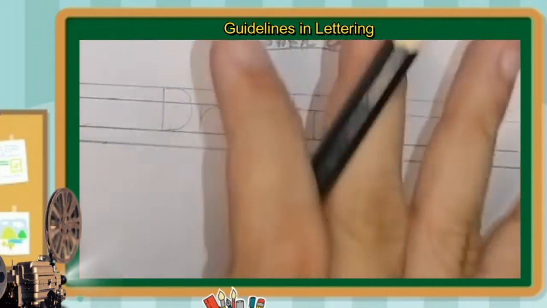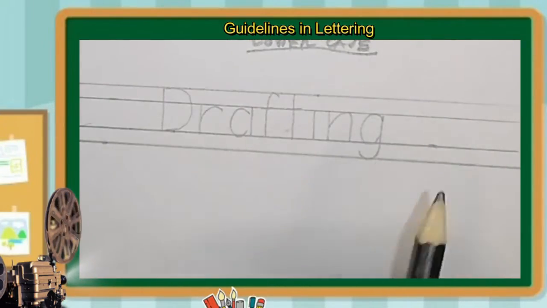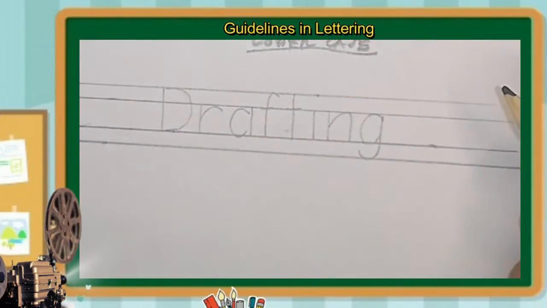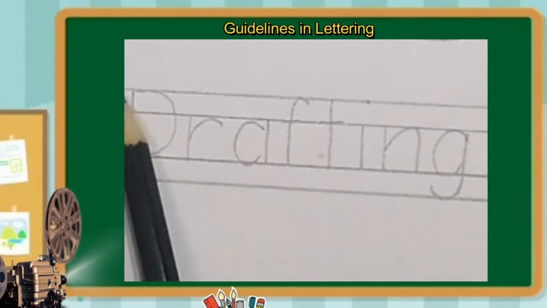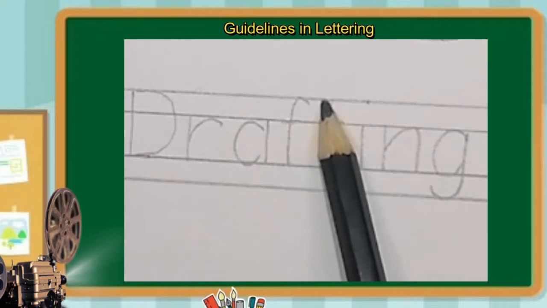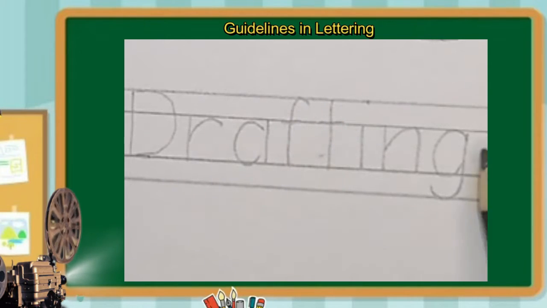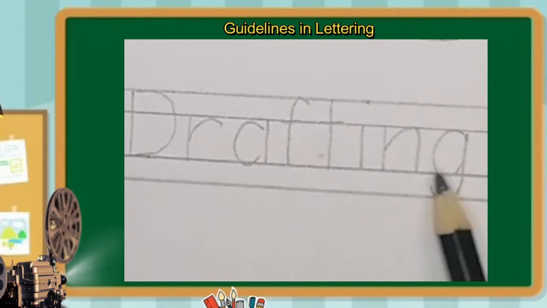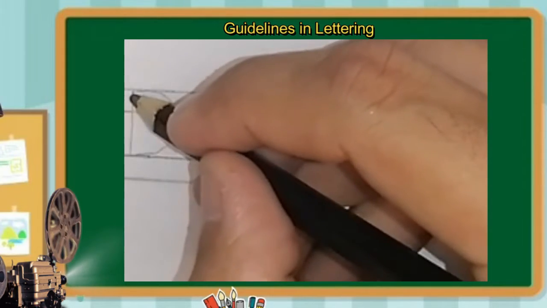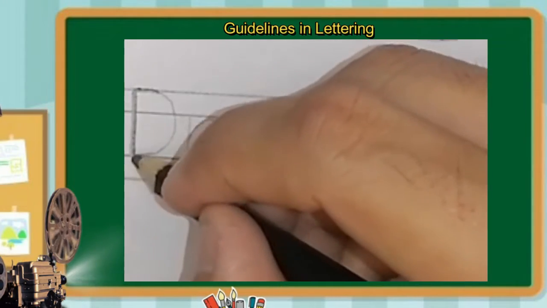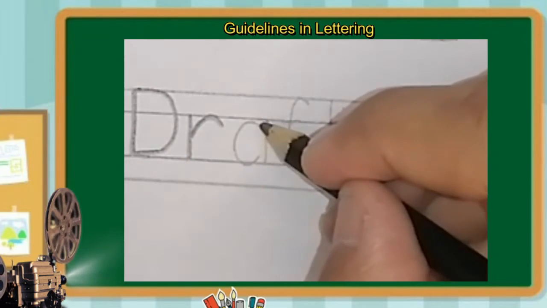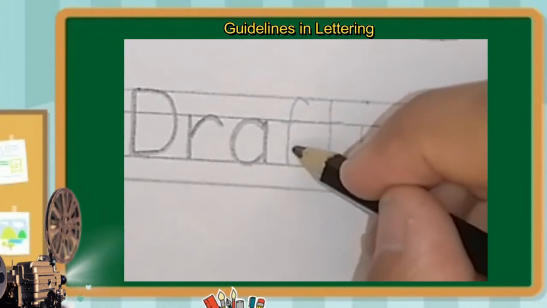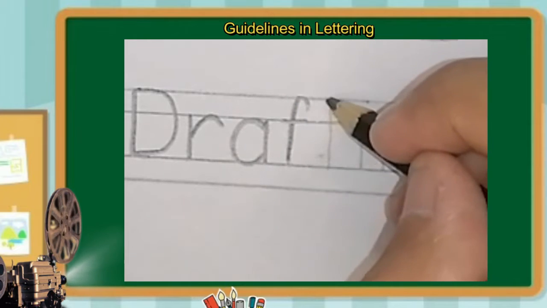Dito, guidelines muna ang pinidiscuss natin. The word drafting has a capital letter D, and then letter F which has the ascending stroke, and a lowercase letter which has the descending stroke. After that, I will now darken the letters. So napaka-importante ng guidelines.